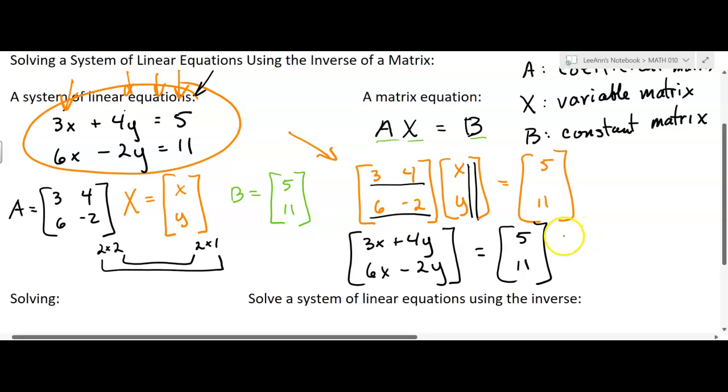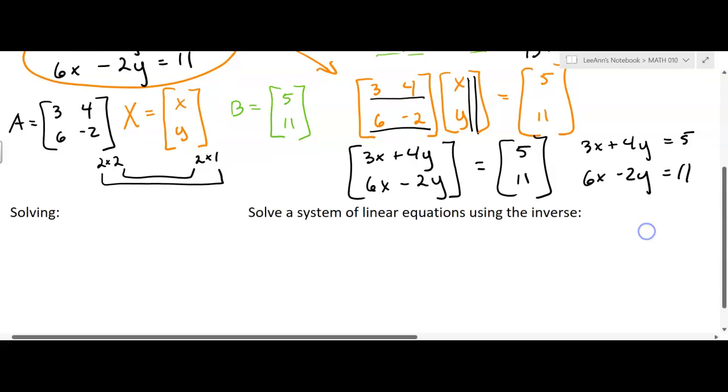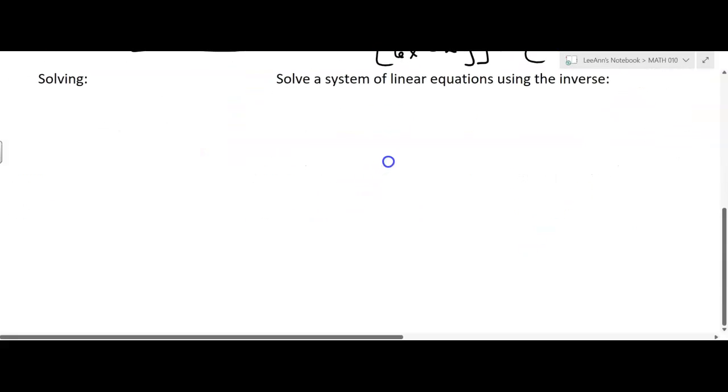So if you took it out of a matrix, you would say, oh, 3x plus 4y has to equal 5, and 6x minus 2y has to equal 11. That was what we started with. Okay, so we're back to where we started. So that's why it works. We have to have a coefficient matrix, a variable matrix, and a constant matrix. Okay, so that's how you make a matrix equation.